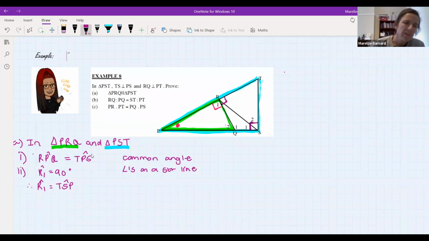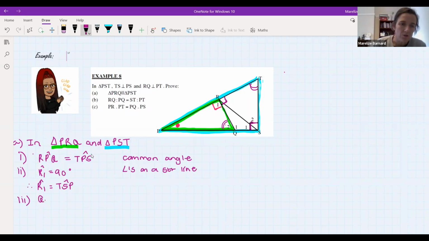You could have gone a step further to say that TSP is 90 because it's given, but that would be a little bit of overkill. And then the last one that's left is this angle here, equal to that one because of angle sum in a triangle.